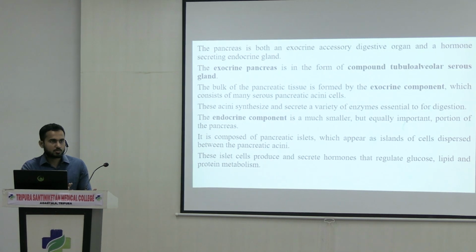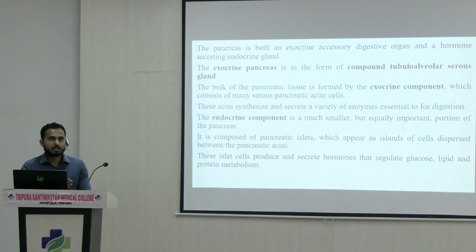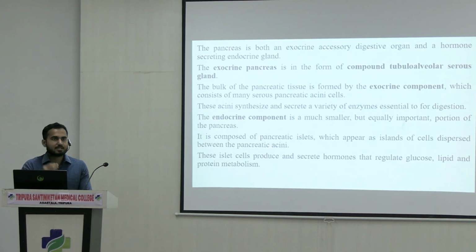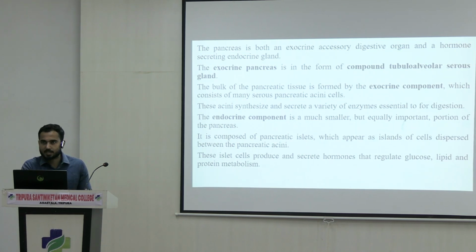That I hope you should know. In pancreas, two parts are there, exocrine and endocrine part. The exocrine part is made up of pancreatic acini, where acinar cells are there. The secretions from the acinar cells are nothing but the pancreatic enzymes.